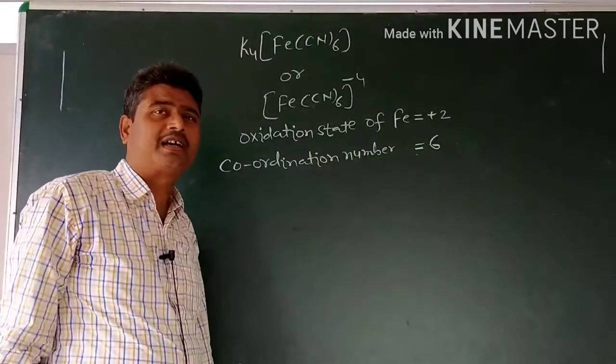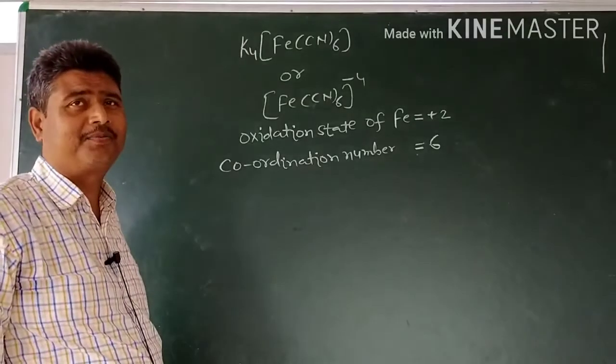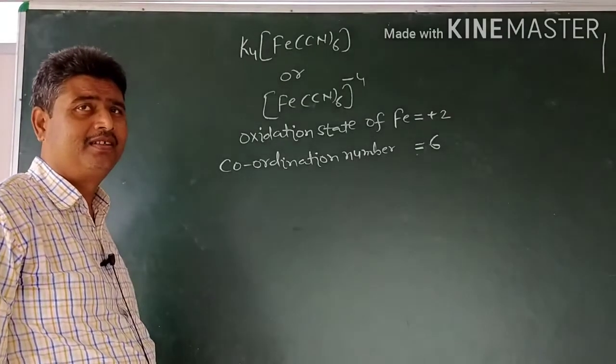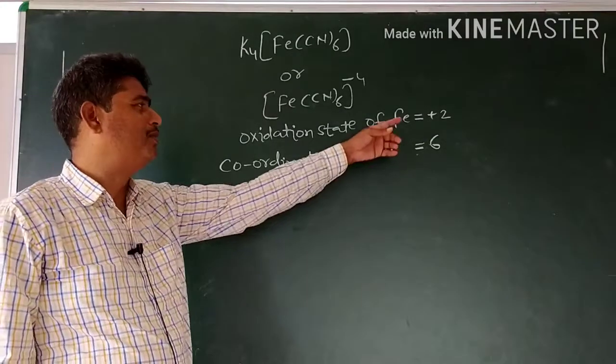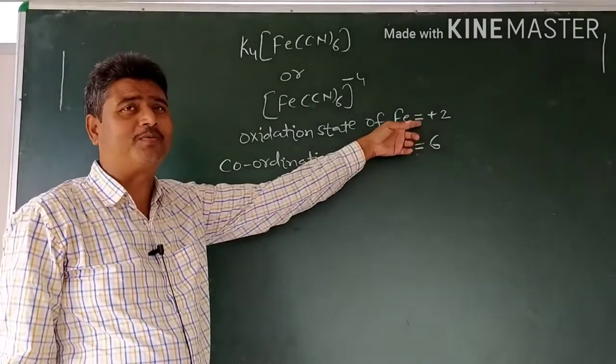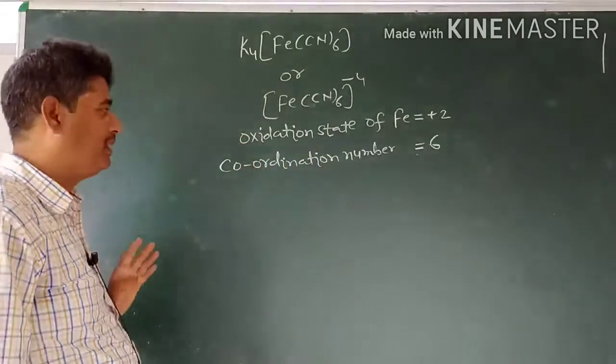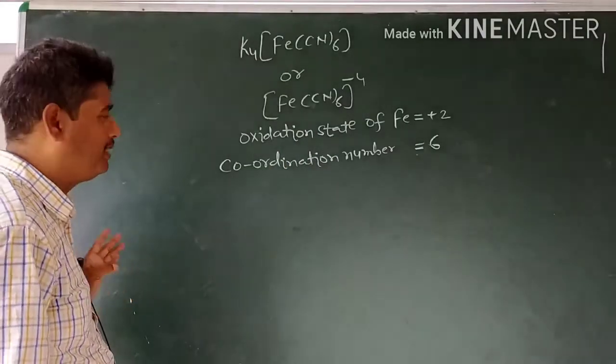Now we will write the electronic configuration of Fe. After that, we have to remove 2 electrons from the outermost shell of the Fe. The atomic number of iron is 26.